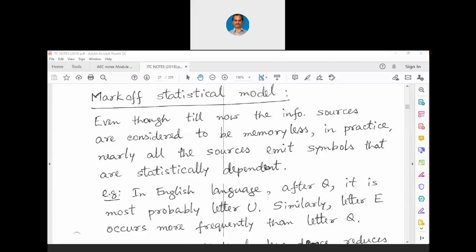And even as far as the textbooks are concerned, we have chosen the textbooks, one is Sham Shanmugam and one is Simon Haykin, where all these concepts are discussed in a very abstract manner. Means if you go through the textbook, you will not find these lengthy discussions, because they are primarily dealing with digital communication. They are going to discuss the information theory only with relevance to the digital communication, not as an information theory as a complete course for one semester. That is where I could not find a lot of resources.